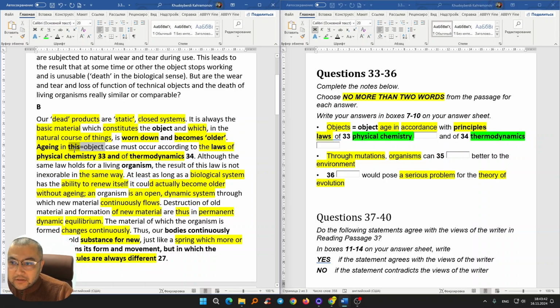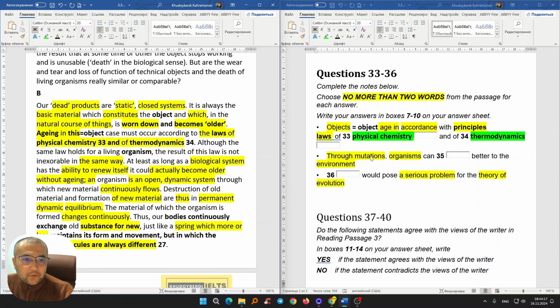Let's think what I'm talking about. If you pay attention here, aging in this case, what is this? This is referring to the word object in the previous sentence, right? So object and this are the same word here, right?